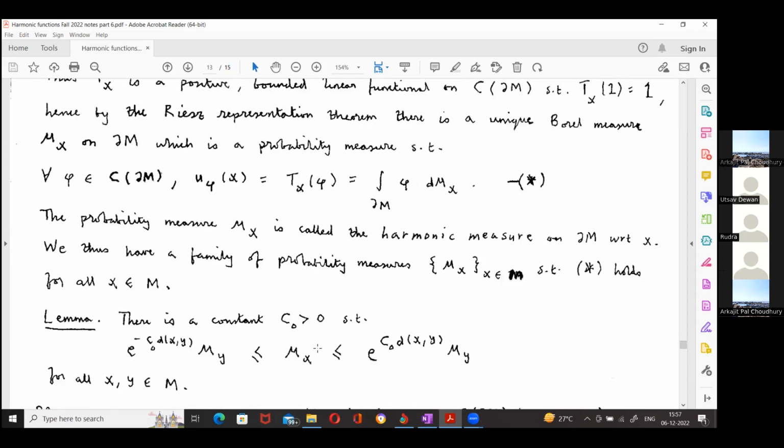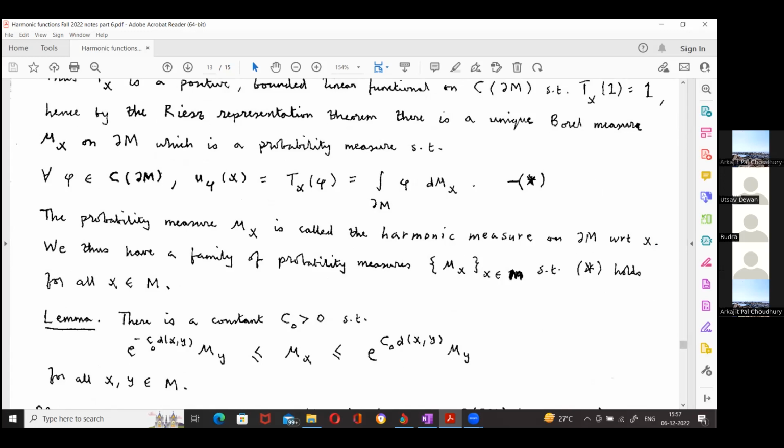Okay, so what this means is actually there is a measure class on the boundary, which is called the harmonic measure class, right? All of these have the same measure zero sets. So you get this harmonic measure class on the boundary.